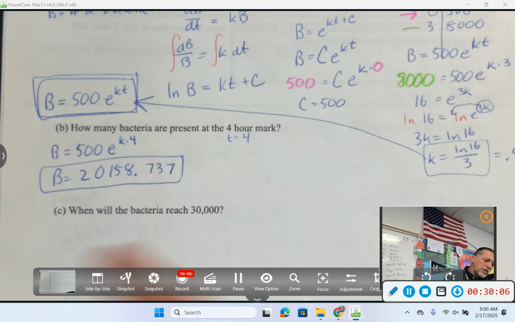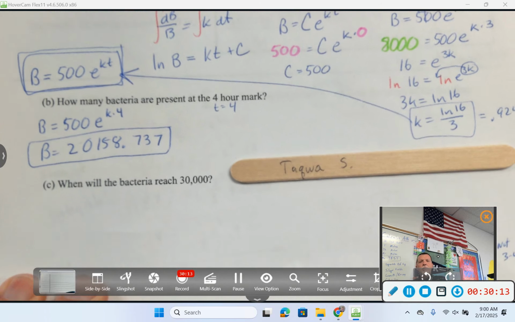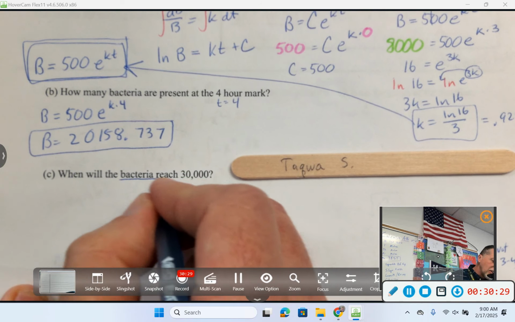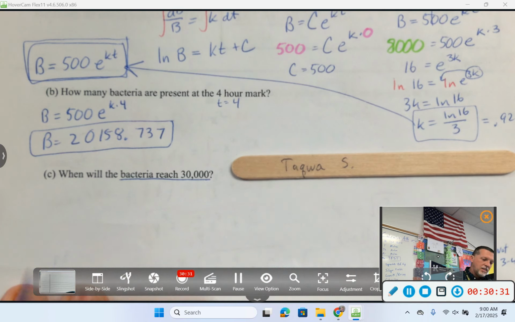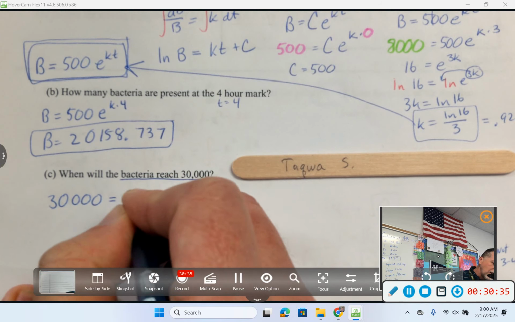All right, part C, when will the bacteria reach 30,000? So what do I do for that one? Plug what in where? Okay, well the bacteria is 30,000, so that's my B. 30,000 is the bacteria.